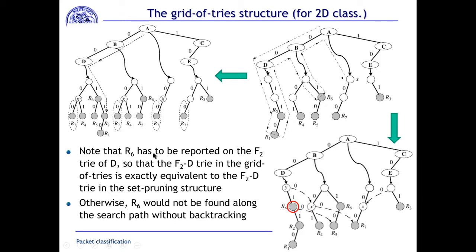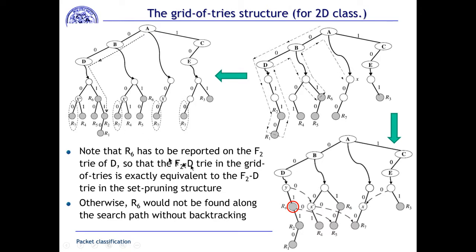Basically, for example, R7, R6, which is here, in the original set pruning construction was duplicated here 2 times.